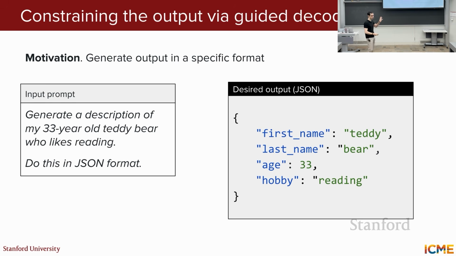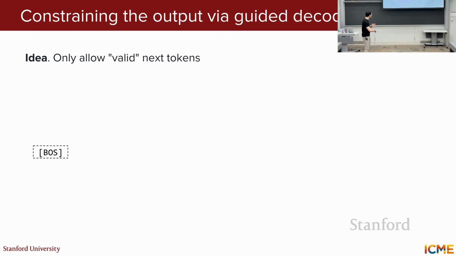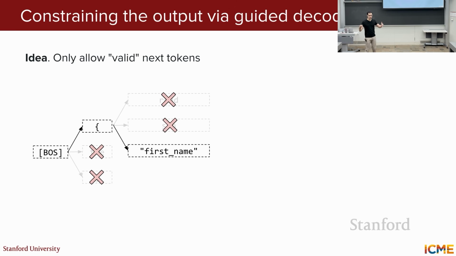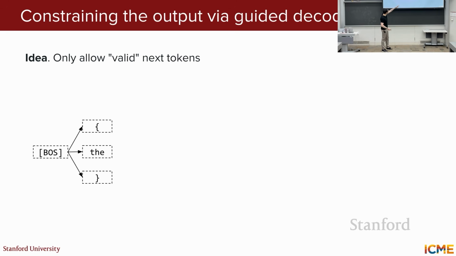Well, there's a second approach that is called guided decoding. And what that does is during the generation process, it filters out what it calls invalid next tokens. So here, let's suppose I want to generate this JSON.